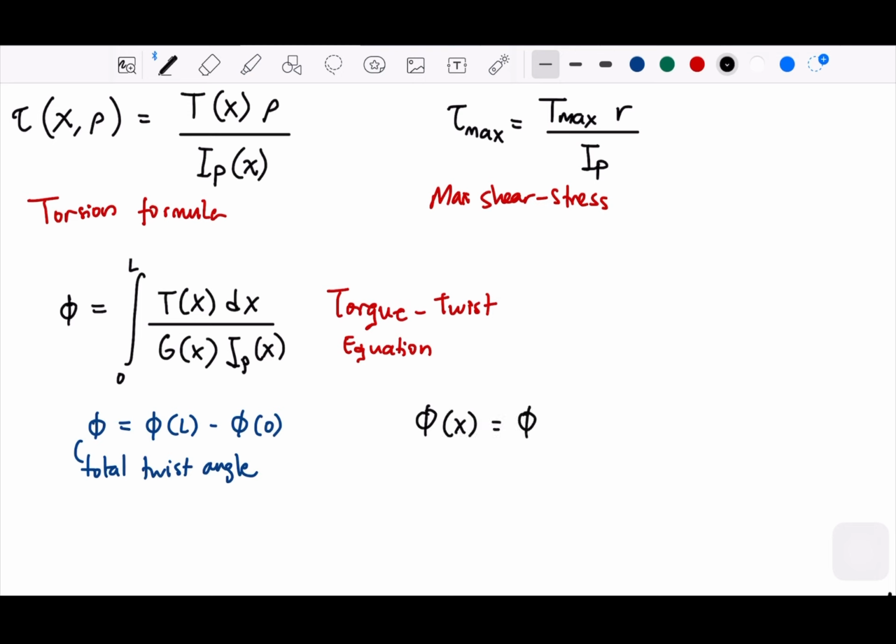So this will be the initial value plus, and then let's say we have the dummy variable v to help integrating the value.